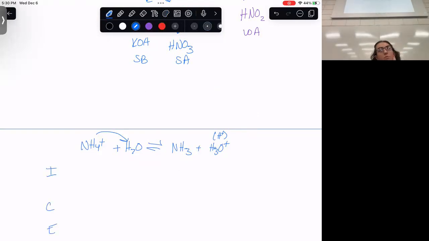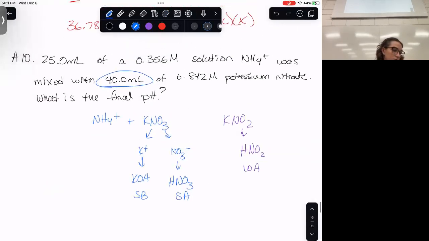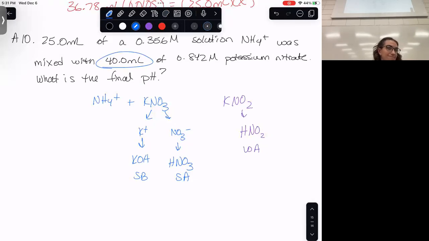Okay, how do we set up our ice table? What do we need to plug in for the initial of NH4 plus? Well, we need to find our new volume, so we have a new concentration. We start off by doing M1V1 equal to M2V2 to find our new concentration, where we have 25 mL and 0.356 equal to X, our new concentration.